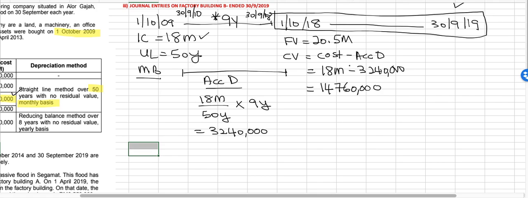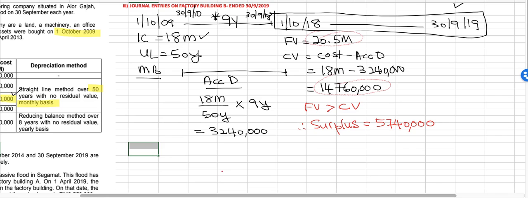Now you compare the fair value and the carrying value. You see that fair value is more than the carrying value, therefore you get a surplus. So you minus the figures and you get a surplus of 5,740.